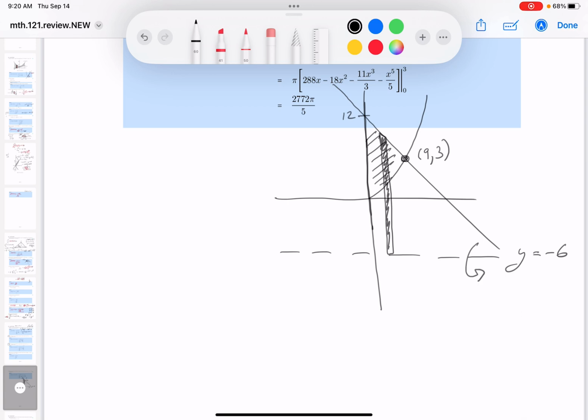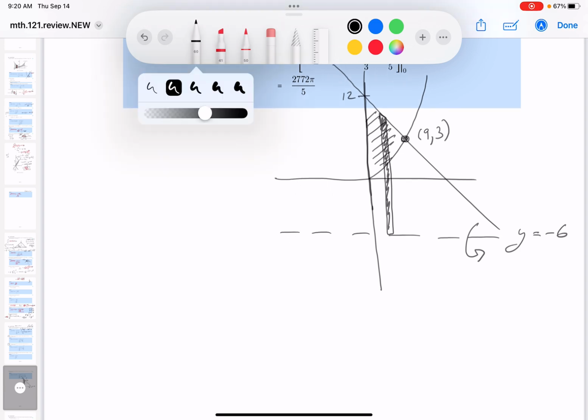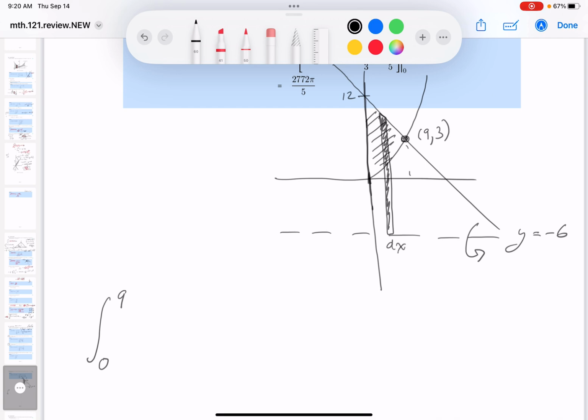So what I want to do is, I kind of know my limits of integration and I know my differential. So I'll put this over here. I'm going to start at 0, right? That's over here. And I'm stopping at 9. And then what do you get? I'll put the differential down. The differential is going to be dx. Put this over here.